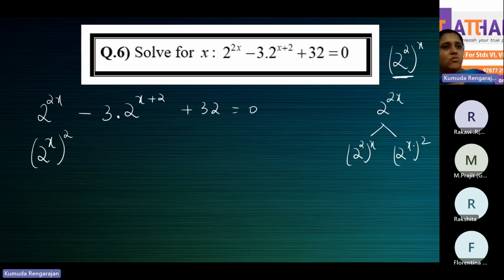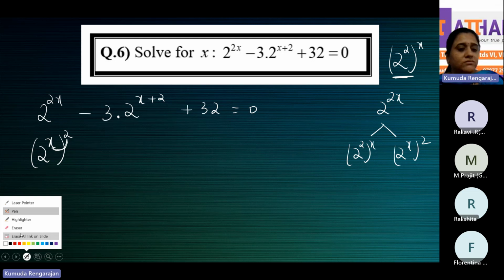At any point you can change it if you feel we have taken the wrong one. So now we write it like this: 2 to the power x the whole square, correct? Because 2x means 2 into x, which is x into 2 or 2 into x, multiplying the powers.